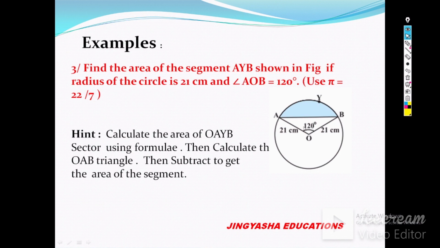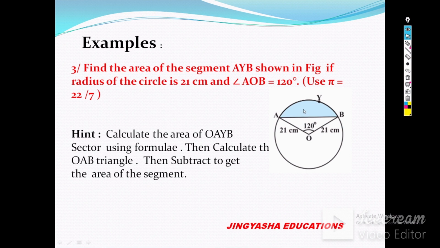Then try to calculate the area of this triangle. So it is 21, 21, and if you want, we can calculate the length of AB. You can just apply your concepts related to trigonometry to find out the length of AB.